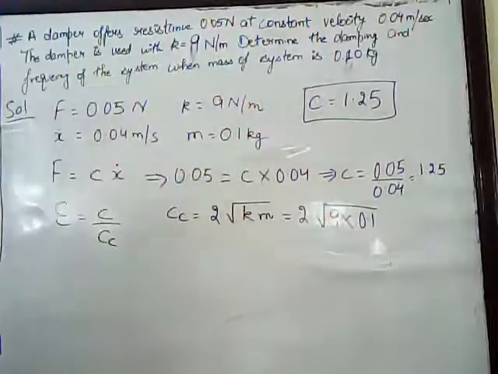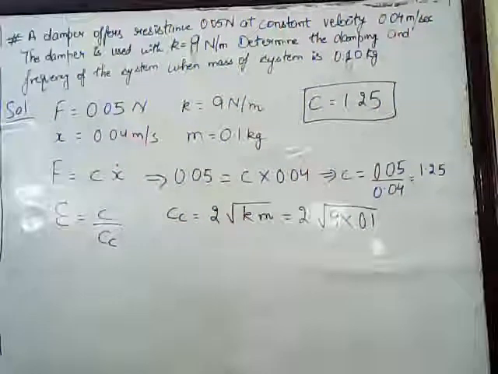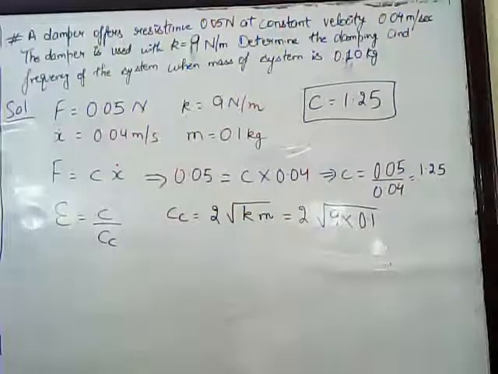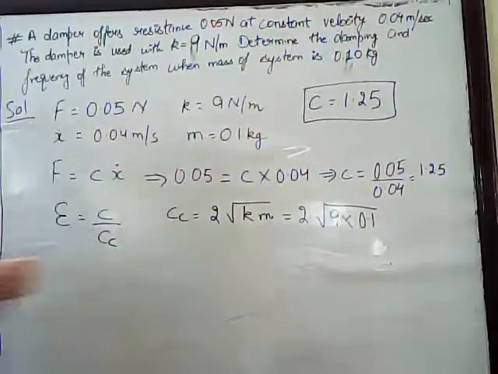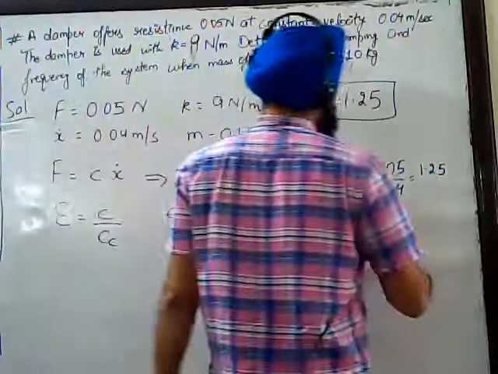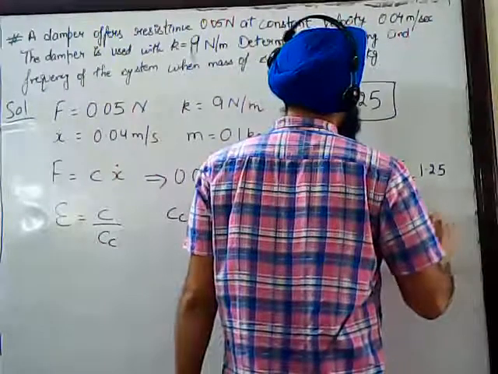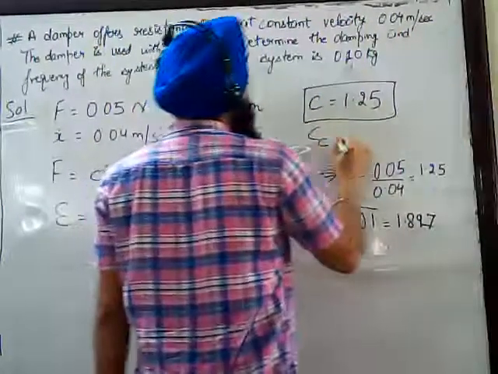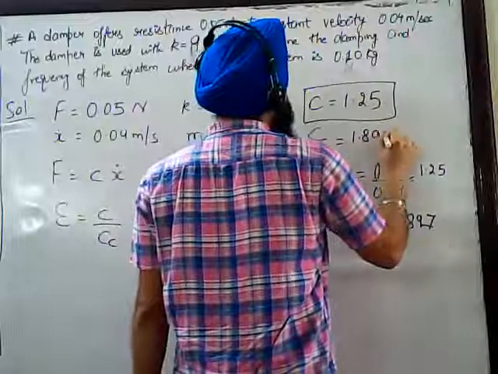In this way, we can calculate the value of Cc. The value of Cc is 1.897.